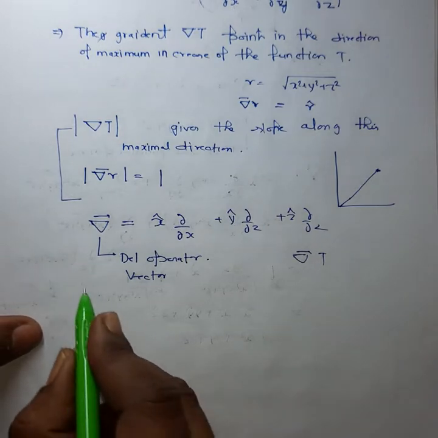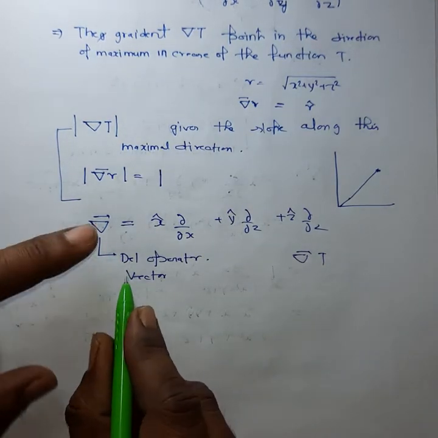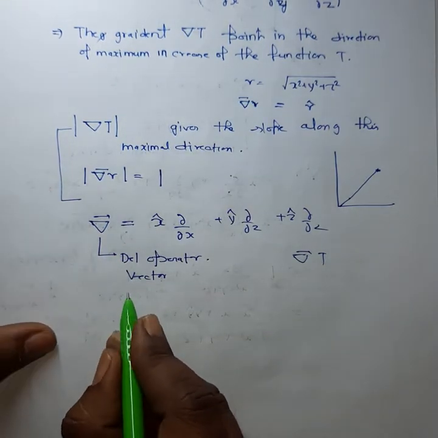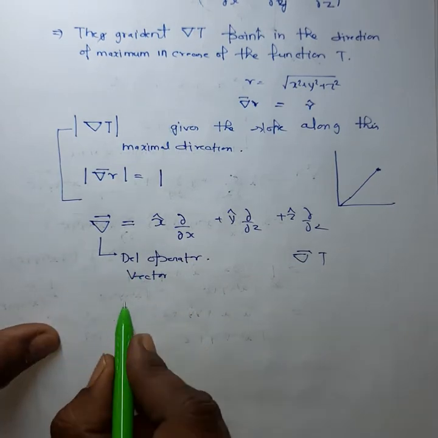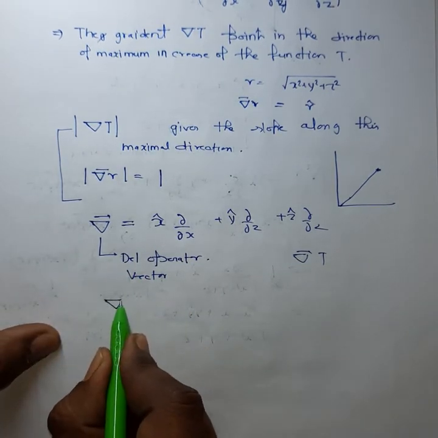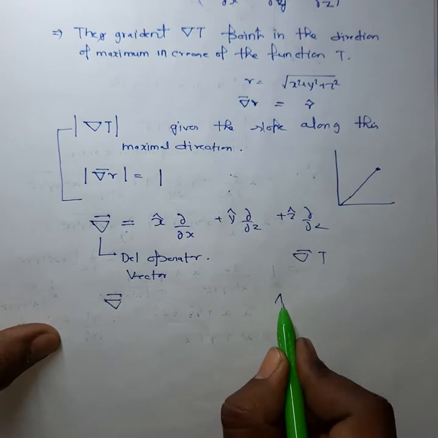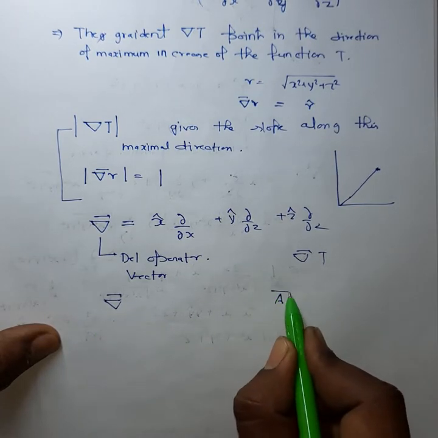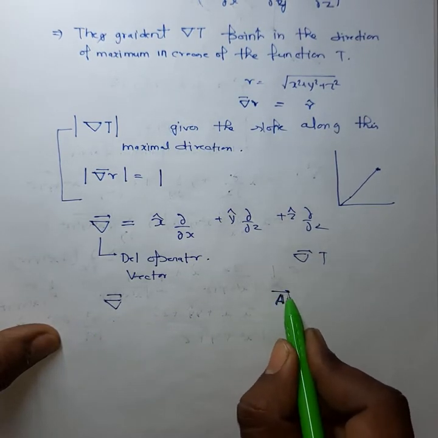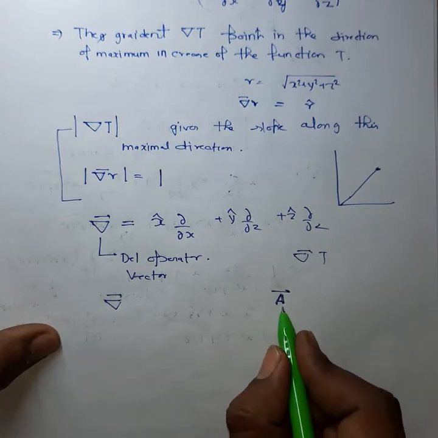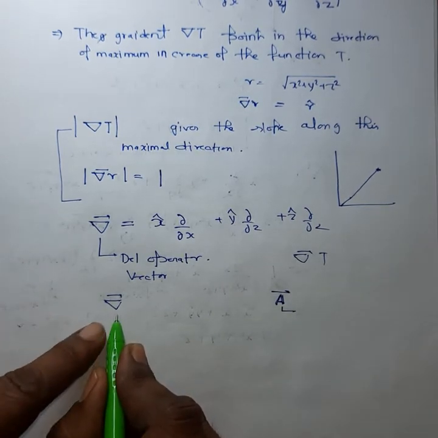Now it is very clear that del is an operator, and it is a vector. So let's see, there is an operator, and you know about the vector a. Suppose this is an ordinary vector and this is a del vector.